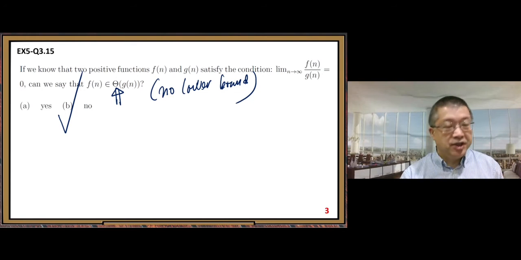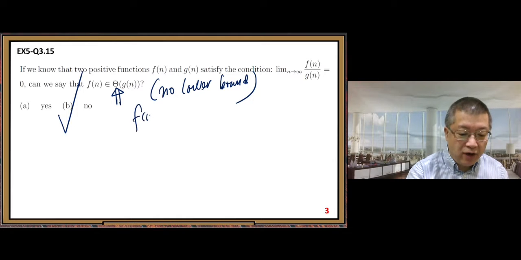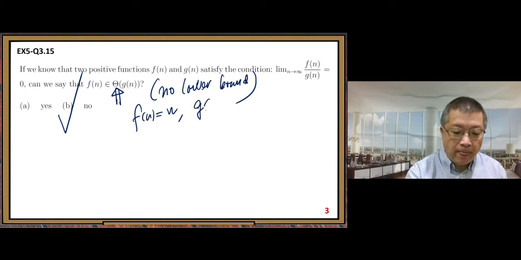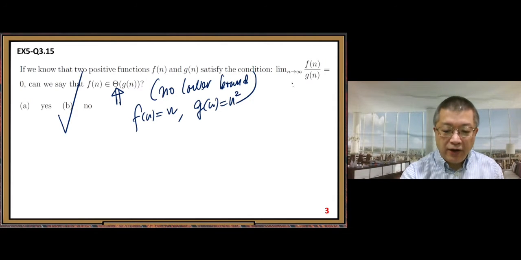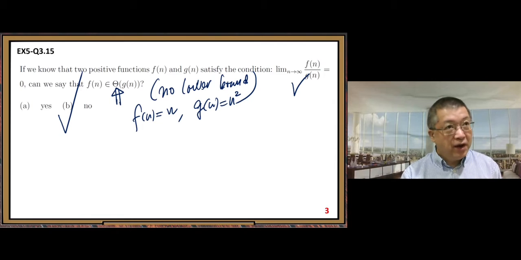You can use a counterexample to see it. For example, f of n equals n, g of n equals n squared. That condition is satisfied: n over n squared, when n goes to infinity, is 0. But can you find the lower bound?